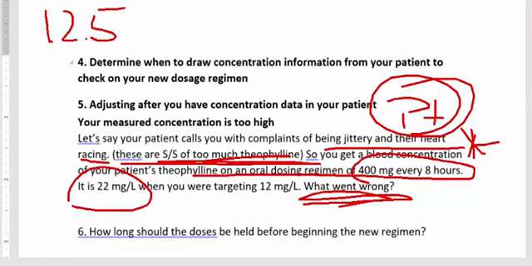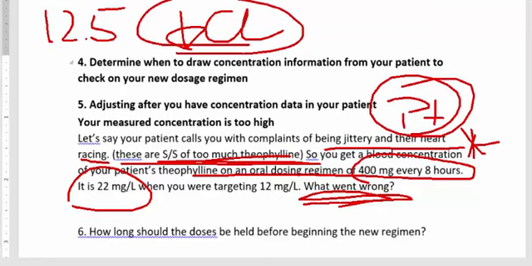So what went wrong? Well, remember, we were just guessing on his clearance. So obviously this patient has much lower clearance than what we guessed, because the Css average is way too high. So we overestimated the clearance.